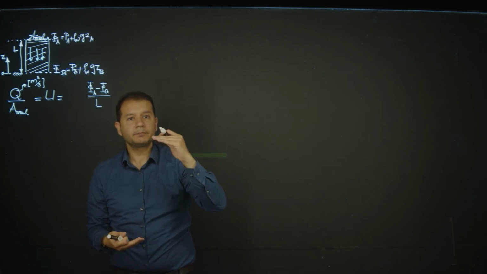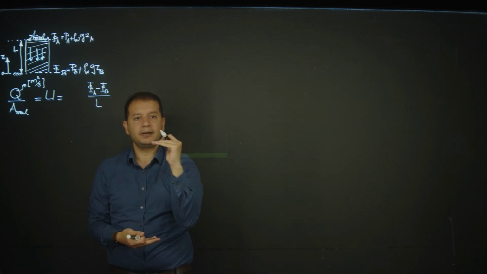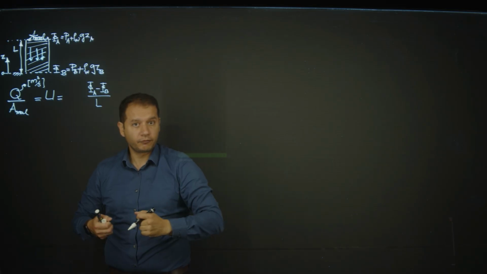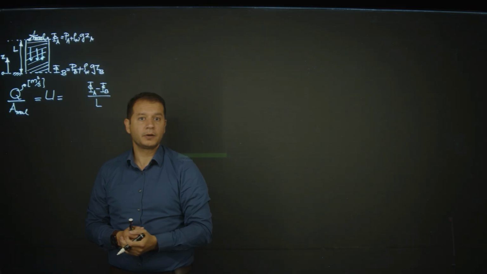If you make higher potential difference across the same L length, you get faster flow, naturally, because you get higher force for driving the flow.